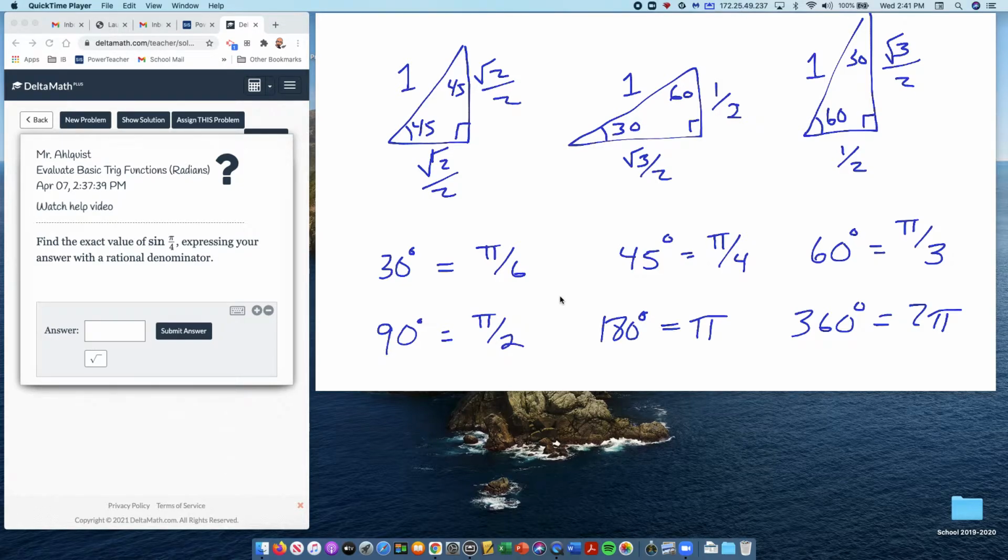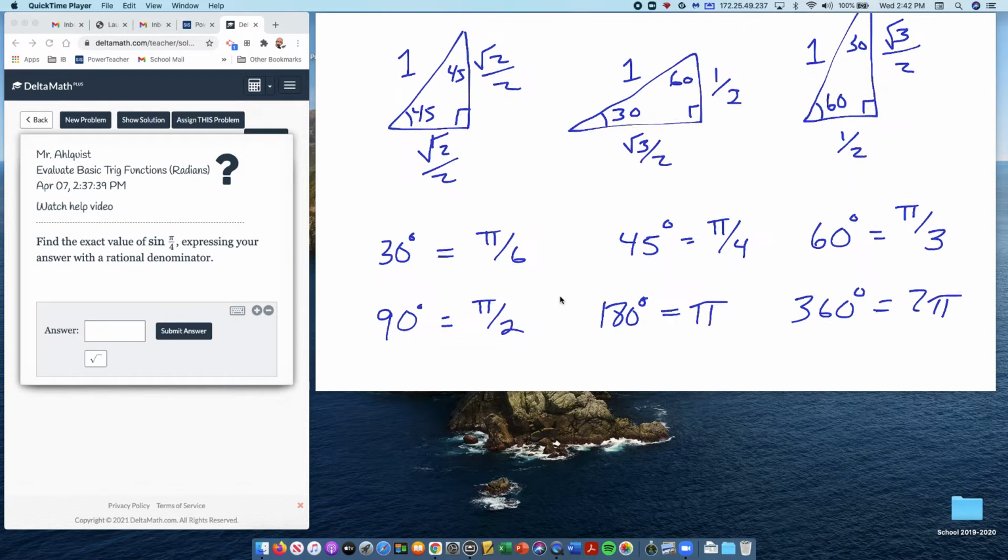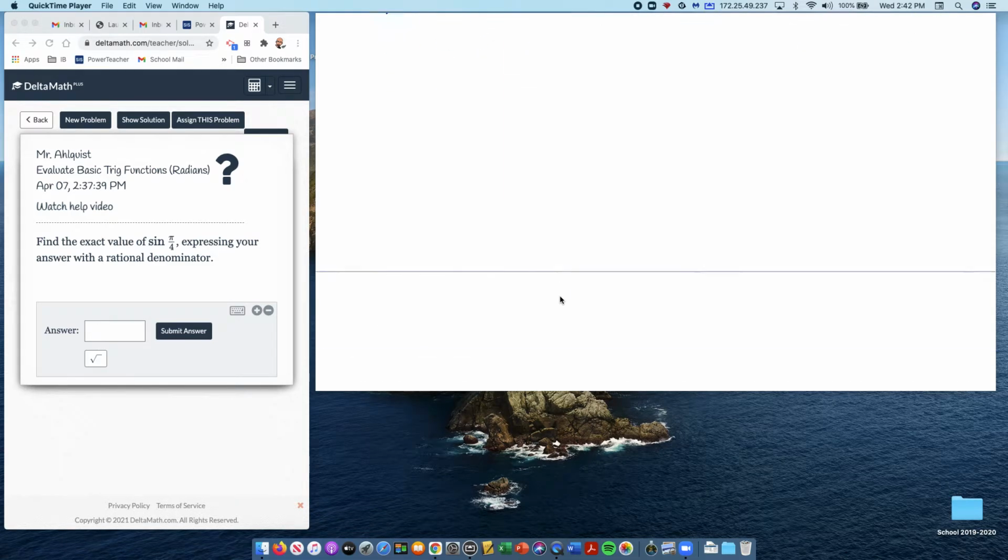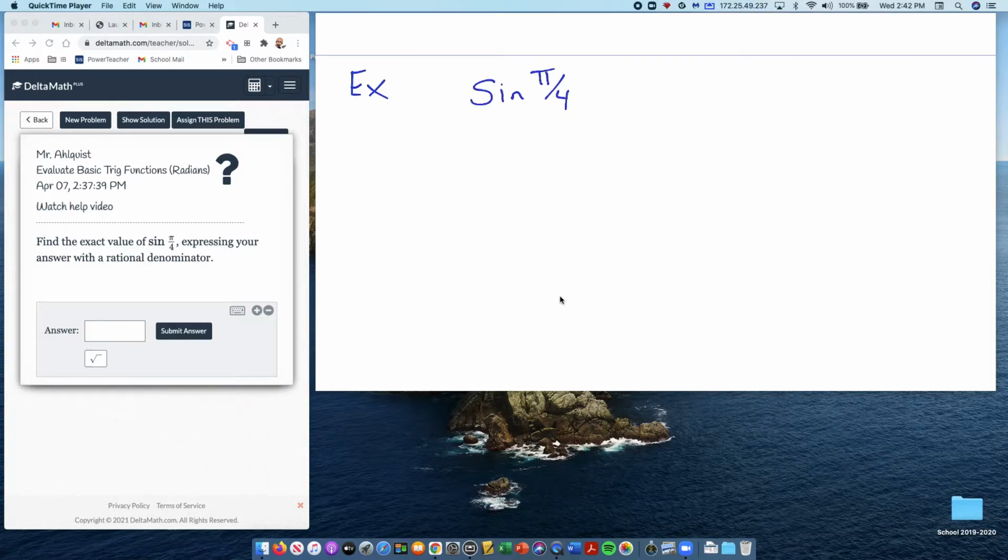So let's take this problem right here. Find the exact value of the sine of pi over 4. The pi over 4 is the reference angle. So if you're trying to figure out what the exact value of the sine of pi over 4 is, you have a reference angle of pi over 4. That's 45 degrees. This is pi over 4.